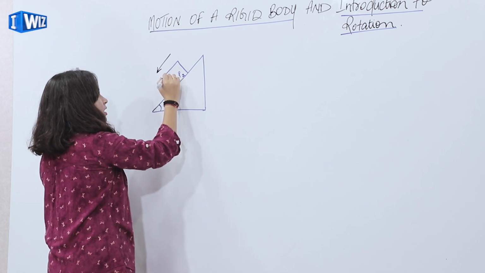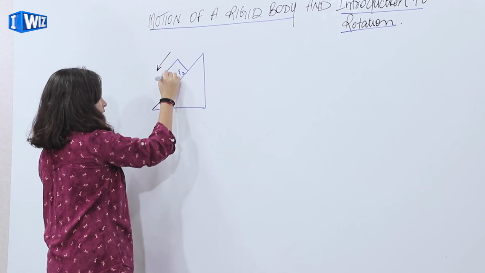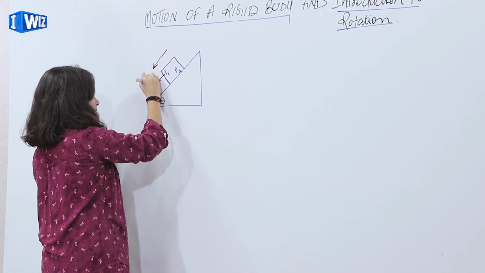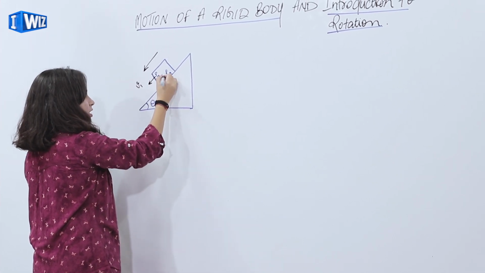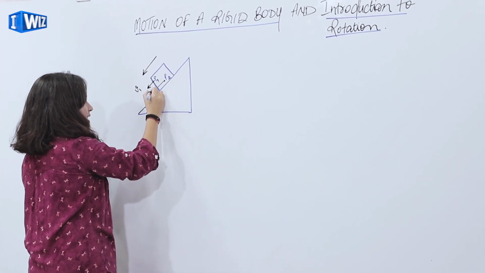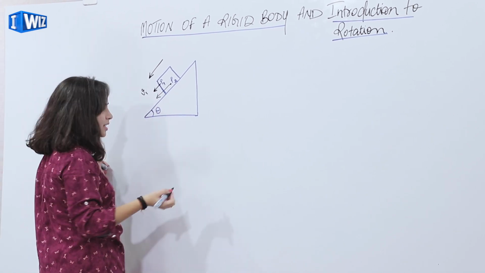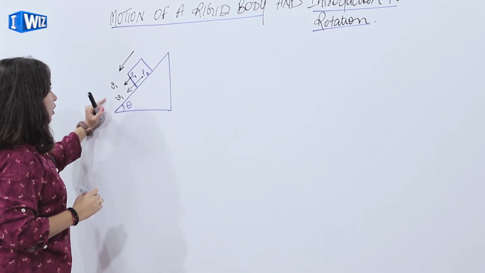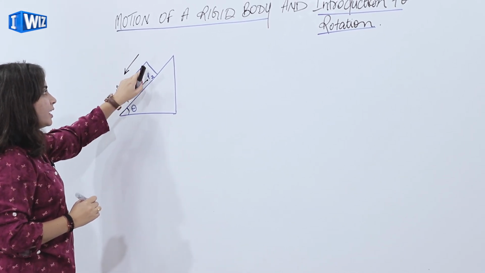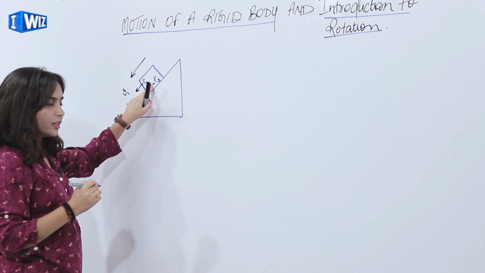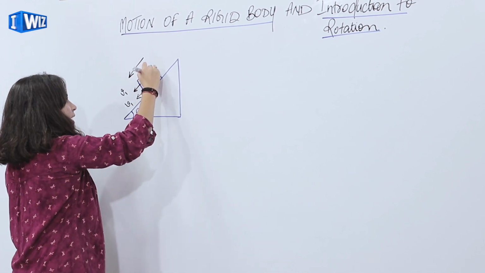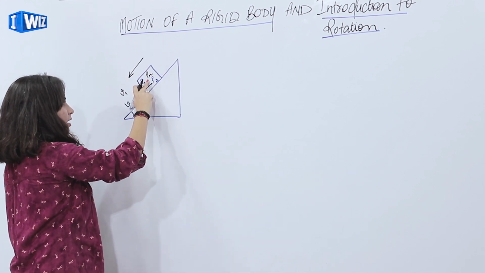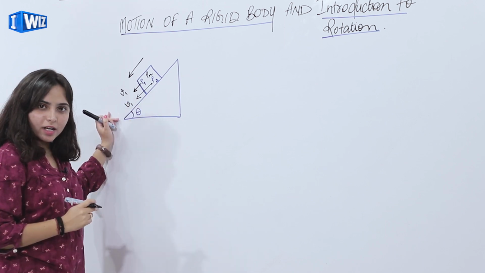So the velocity of particle 1 is in this direction, say V1, and the velocity of particle 2 is in the same direction as particle 1, say V1. Now every individual particle of a rigid body, say we have Pn particles, they have velocity in the same direction.